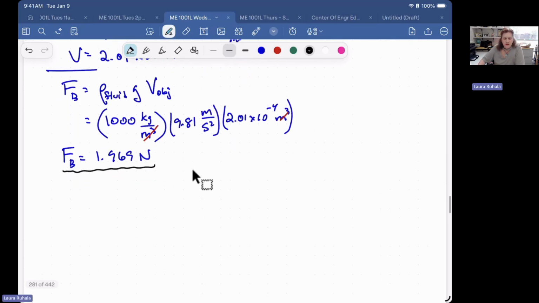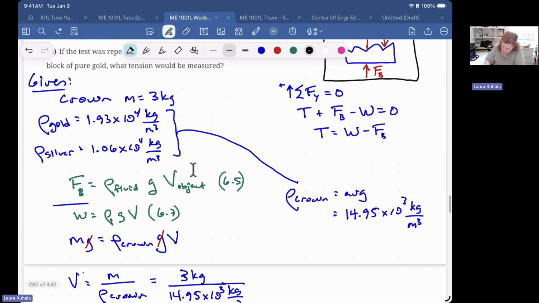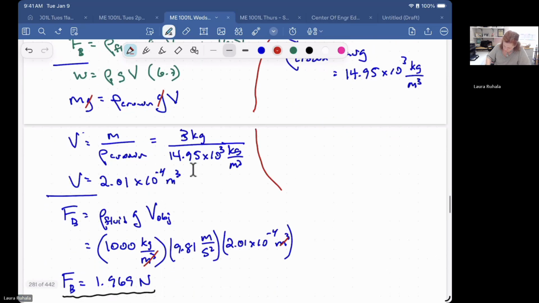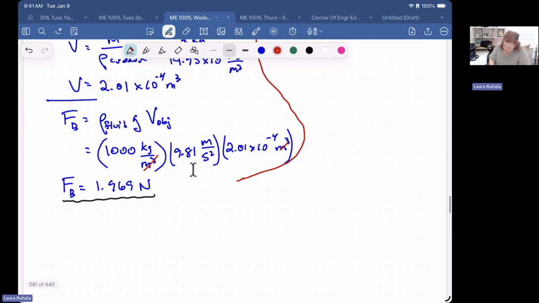So now what? Now let's go to this equation from the equilibrium. That'll give me the tension going down there. So the tension from my equilibrium analysis is equal to the weight minus the buoyancy force. Weight is mass times gravity, minus the buoyancy force.